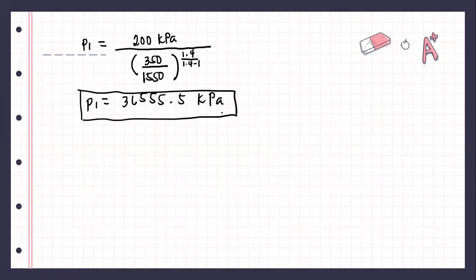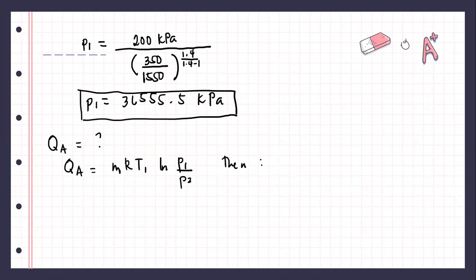Now, for the heat transfer to air, before we can find the heat transferred, we need to find the mass of air. Solving for the heat transferred to air, heat added is equal to MR T1 ln P1 over P2.